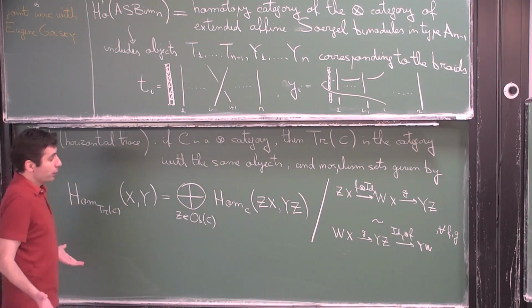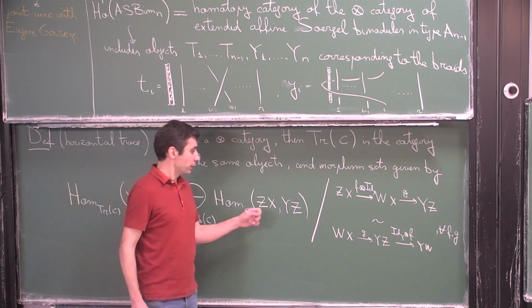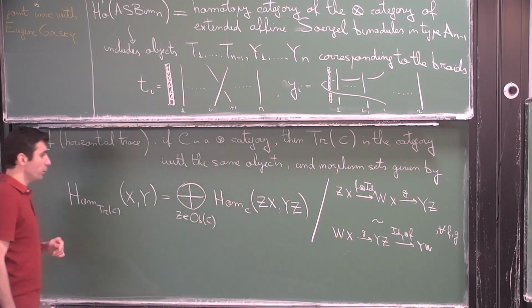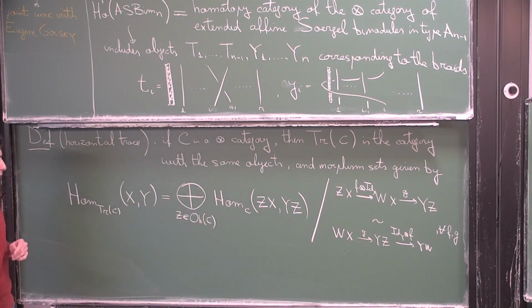So you see that in that way you identify a Hom from the summand corresponding to Z with a Hom in the summand corresponding to W.